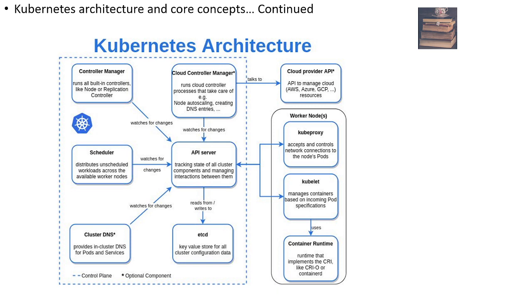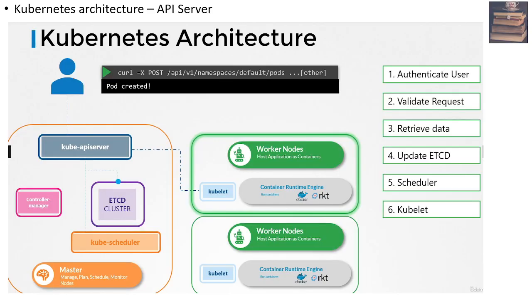Cloud resources may be, for example, a machine or networking, whatever it may be. So this is also an external component which we call part of the architecture.